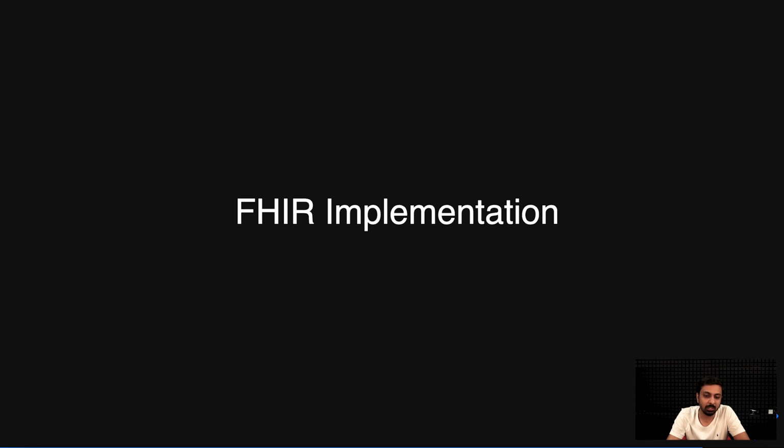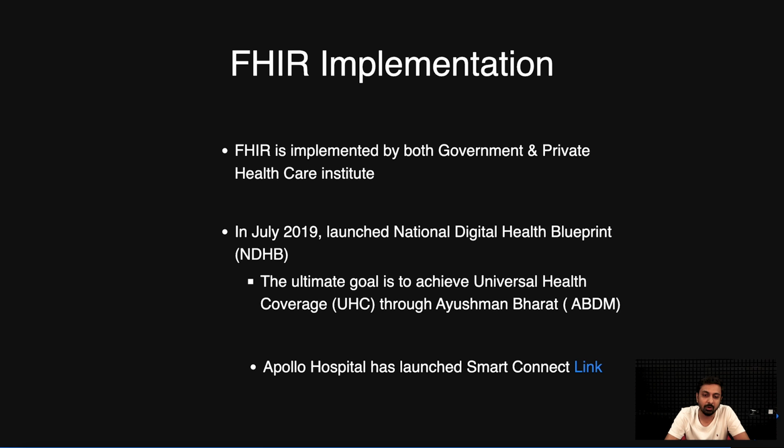Let's now see what FHIR implementations are currently done. First, in July 2019, the Indian government launched the National Digital Health Blueprint Program, whose goal was to achieve universal health coverage through the Ayushman Bharat Digital Mission.